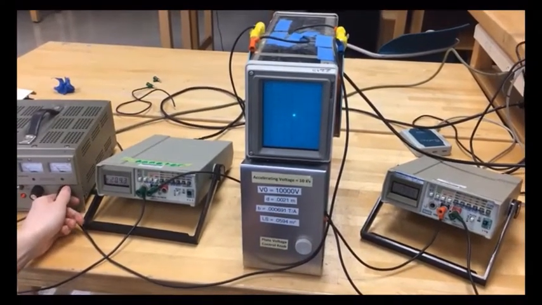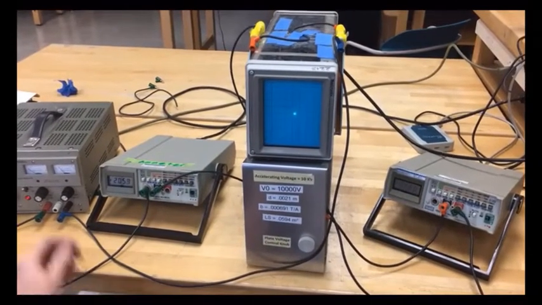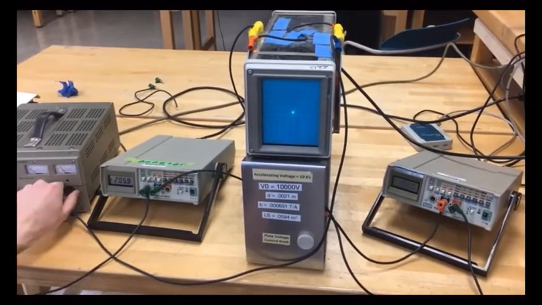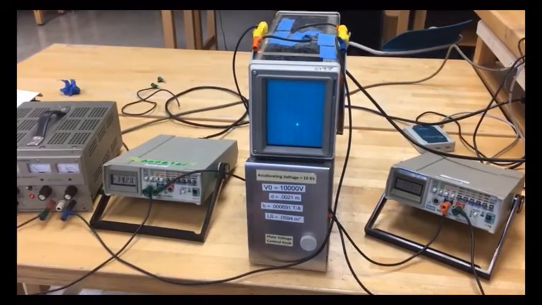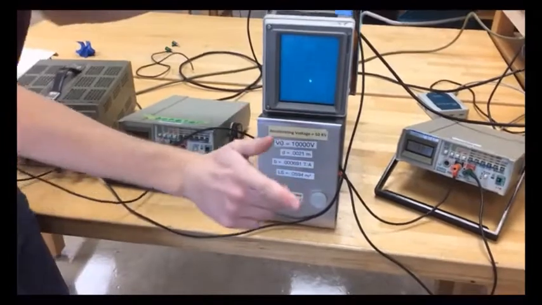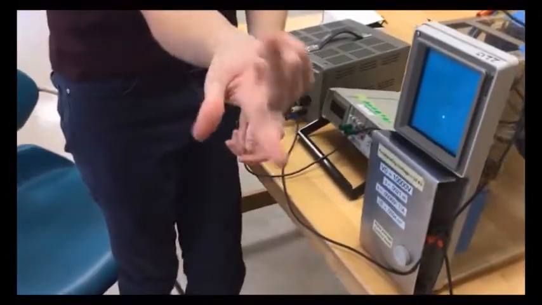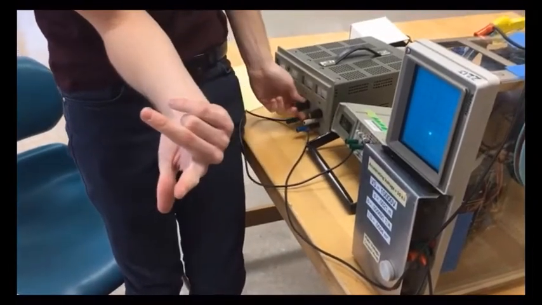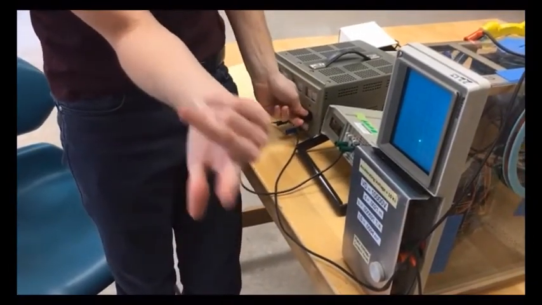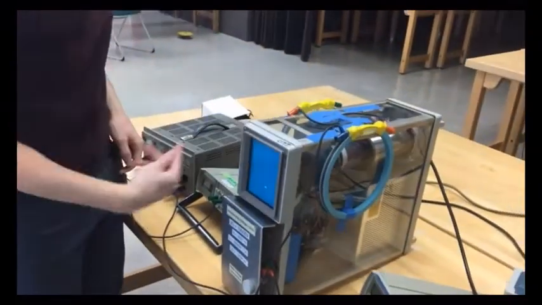If we think about it, increasing the current causes it to deflect downward. So if we think about the right-hand rule, the electrons are coming in this way, and they're experiencing either a deflection that way or a deflection this way. If we increase the current, it goes down, so that means the magnetic field must be going this way.